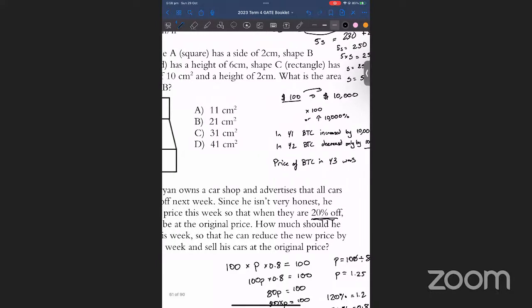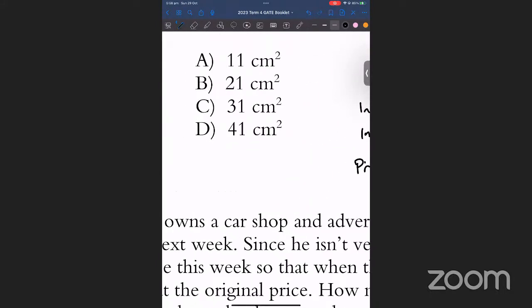Okay, another example, I'll show you again, Kavya, is if you start off with $100 and it halved, it went down 50%, it is now $50. For $50 to go back to $100, it needs to increase by 100%.